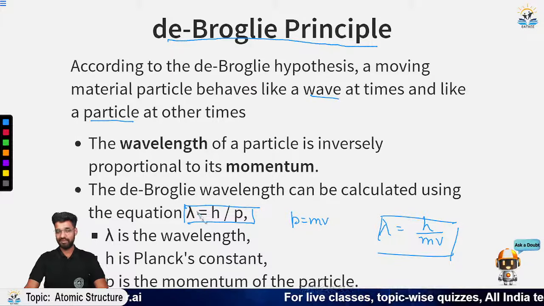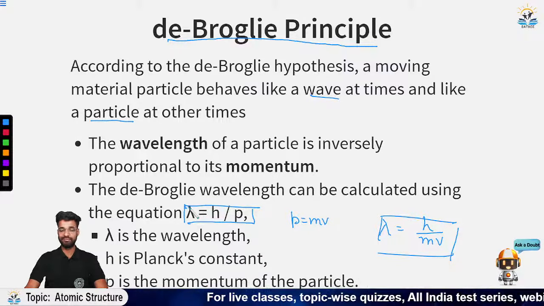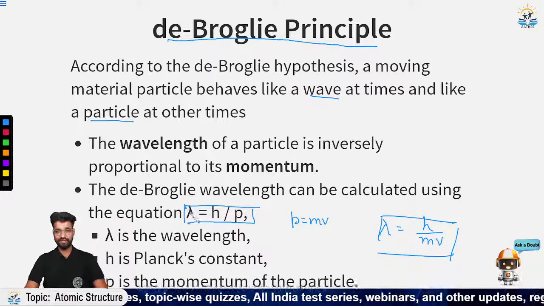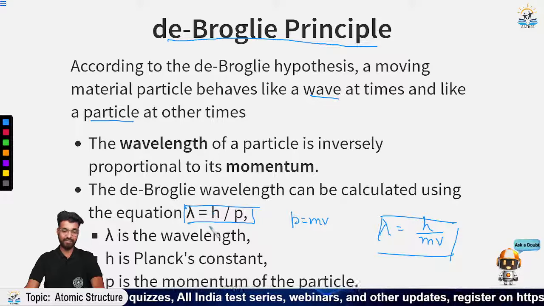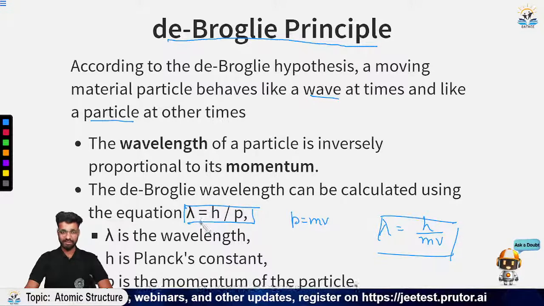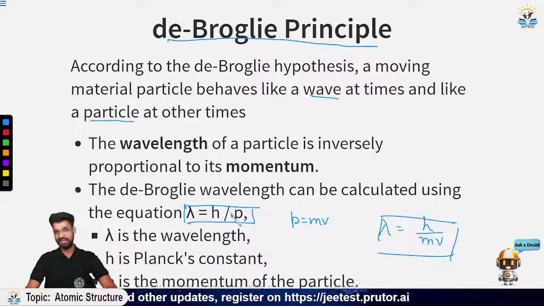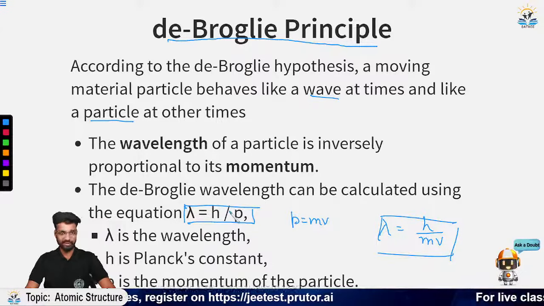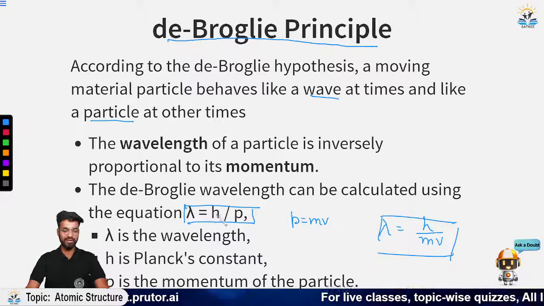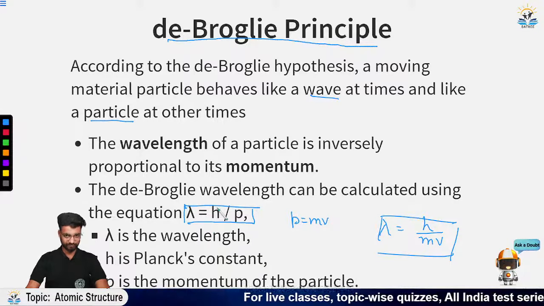But later on, when it was experimentally verified, it came out that this formula is true, and it is verified for every elementary particle. And the most interesting thing, which I mentioned earlier, is that de Broglie was not a chemist, not a physicist, not related to science. He was a historian, yet he gave that formula.